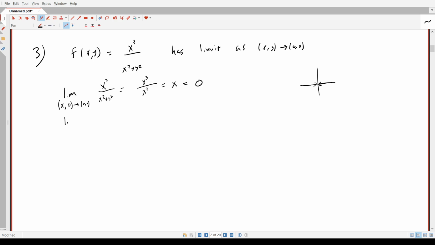So now let's try going along the y-axis. So here we have 0 over 0. Okay, so here we check a couple of things, and at first glance, this limit is also 0.